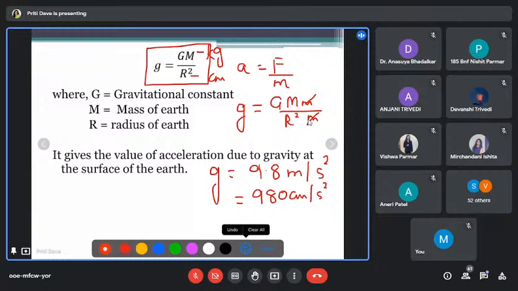So this is the body and this is the Earth. Now this distance compared to the radius of Earth is negligible, so you just take r in the equation. I am hoping that all of you are noting down at least the equations, because at the end of the lecture I would expect you to give me answers.